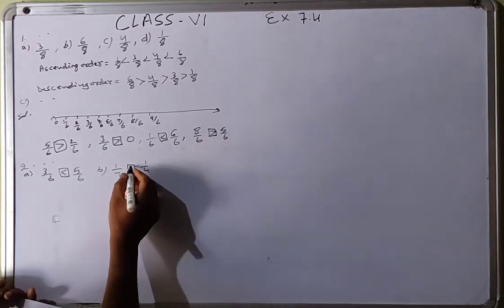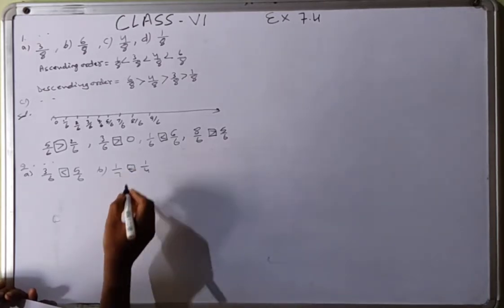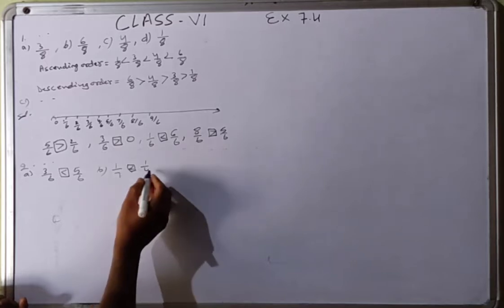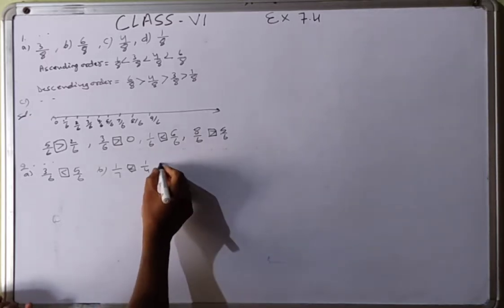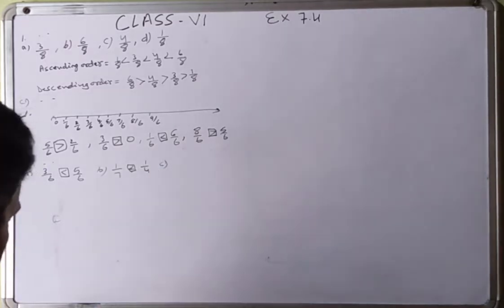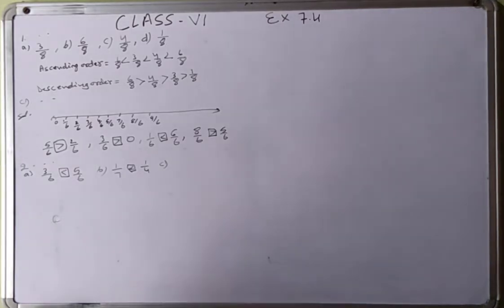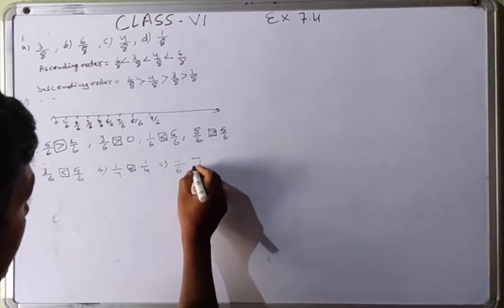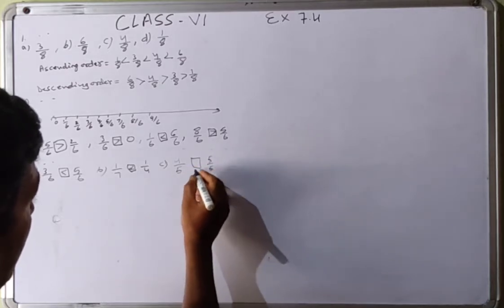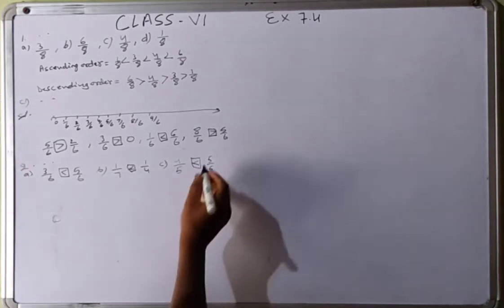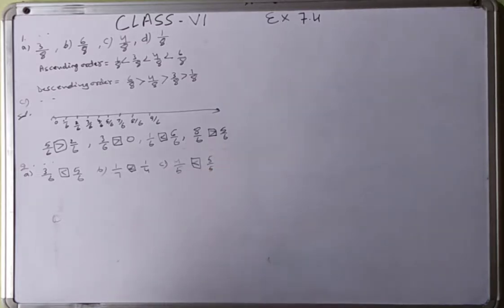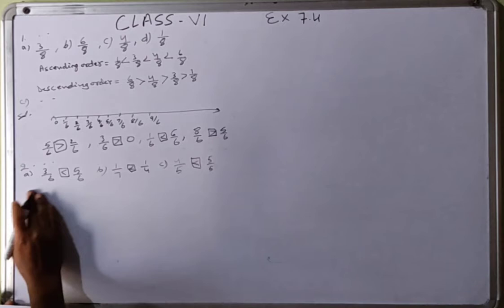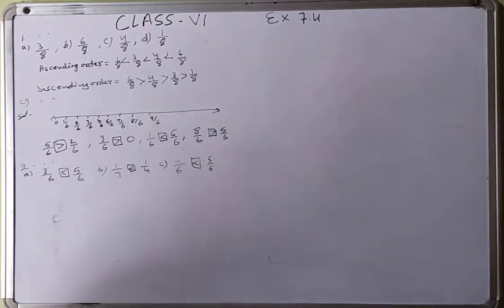So 1 upon 4 is greater because its denominator is smaller than this denominator. C part: 4 upon 5, 5 upon 5. So 5 upon 5 is greater because the numerator is greater. D part, you will do, right?